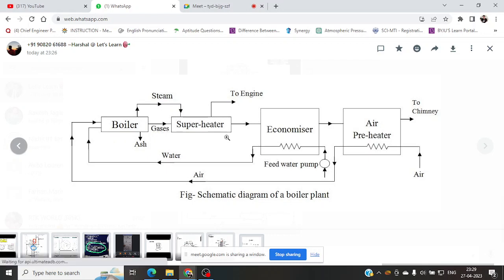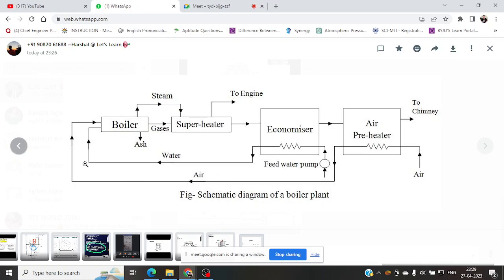Then after the economizer there is the air preheater. The air preheater is for preheating. We are preheating water and also preheating air. What is the purpose of preheating air? If your air has too much moisture or is colder, how will the furnace use it? Okay, making sense.